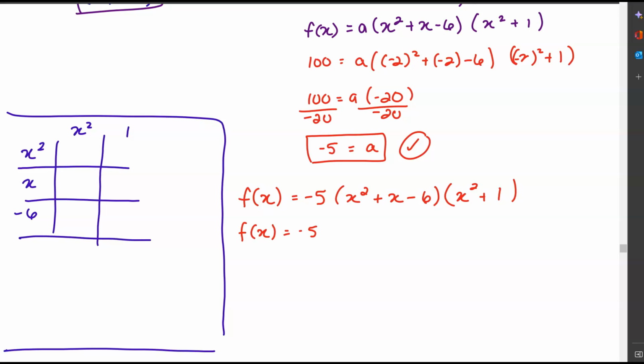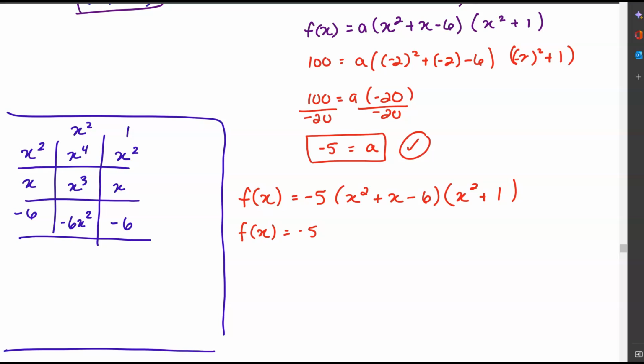And so what you do is you end up multiplying them together. So x squared times x squared, you get x to the fourth. Here this gets an x squared. This is an x to the third. Here we have another x. And then here we have negative x squared, negative 6x squared, and then negative 6.